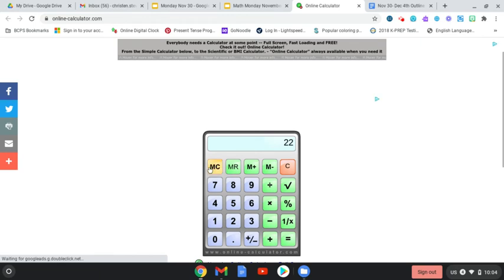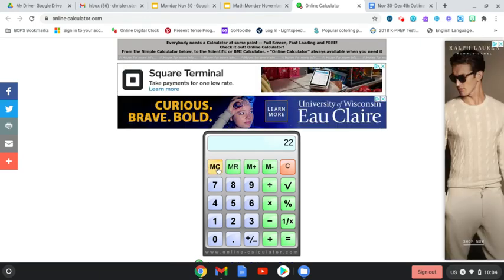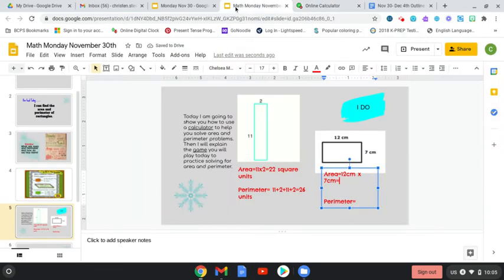I'm going to hit MC or clear, and I'm going to do 12 times 7 and enter, and that's going to give me 84. 84 square centimeters, or centimeters squared, because it's area, okay?